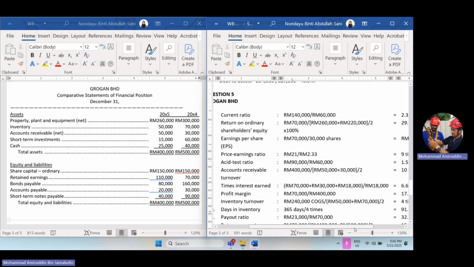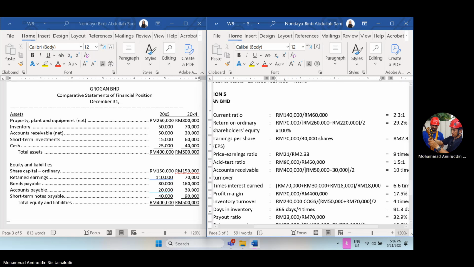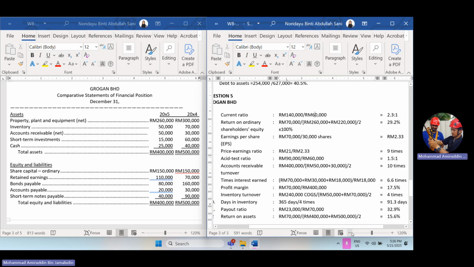Okay, where is the answer? The current ratio is 2.3 to 1. Guys, please pronounce it correctly: 2.321. Don't say double dot.